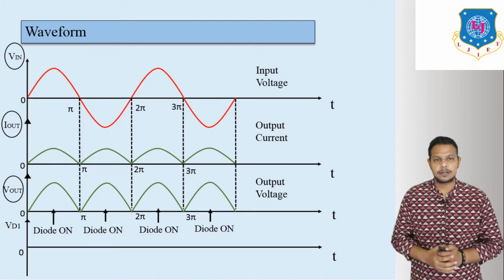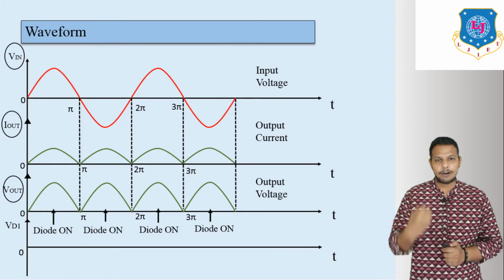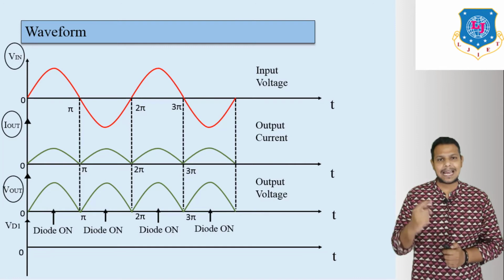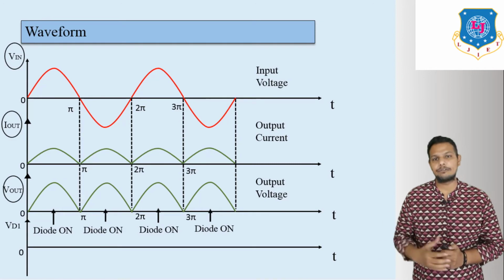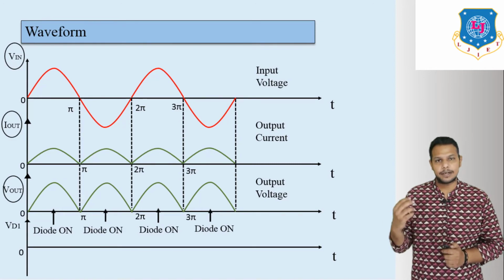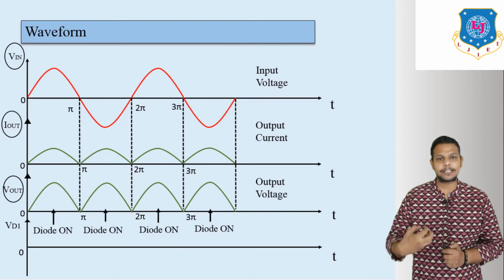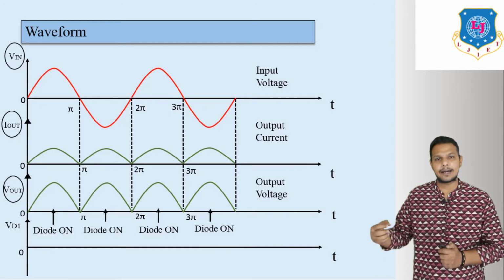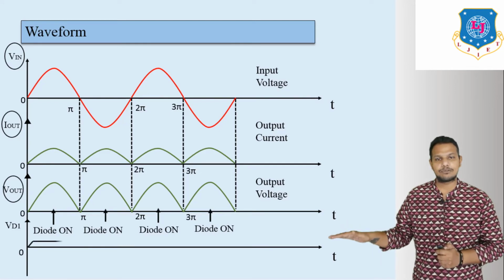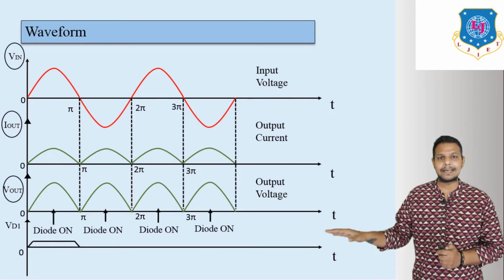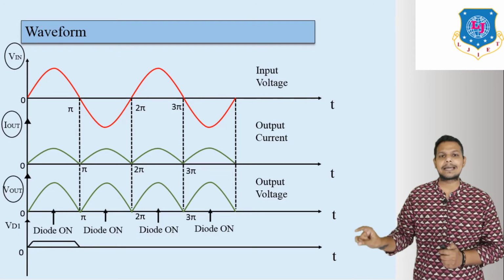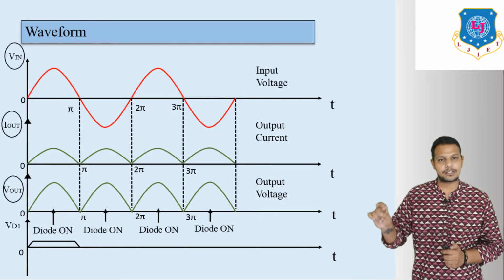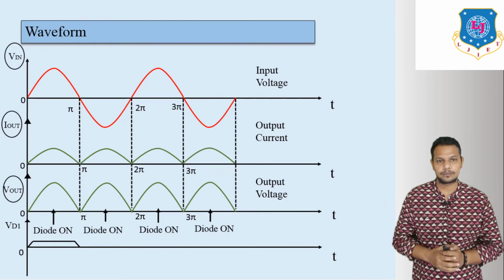VD1 means you find the voltage across any one diode, that means the voltage across diode D1. Now if we measure the voltage across diode D1, then we will get a waveform like this. This indicates that if the diode is on, at that time you will get 0.7 volts across this diode.